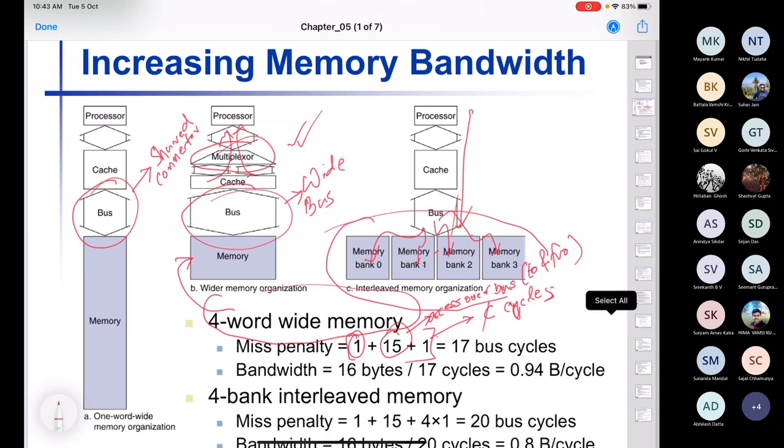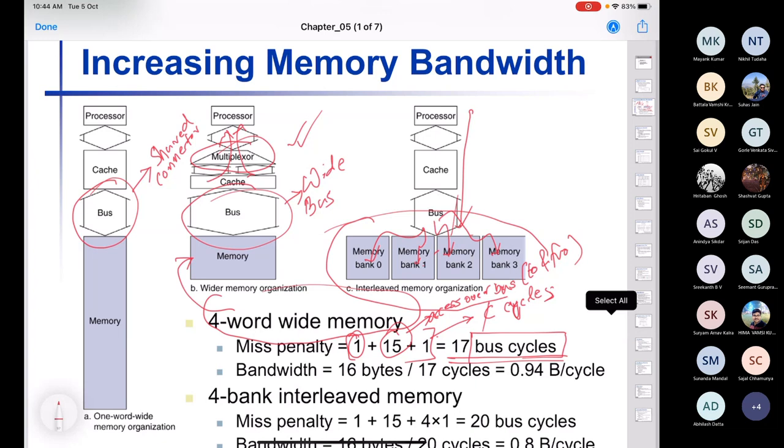These are bus cycles, but bus cycles and clock cycles might be different because I don't know what they are defining as bus cycles. Typically, bus cycles are slower than clocks; they run at hundreds of megahertz. 200 megahertz for a memory bus is probably a good speed, whereas your microprocessor might be running at 4 gigahertz.